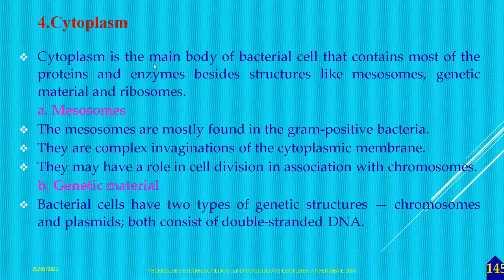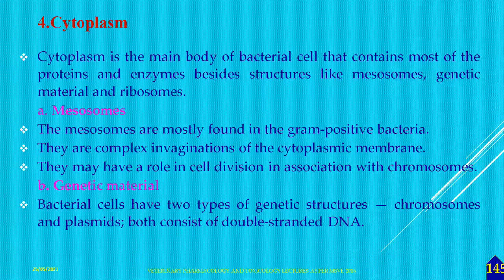The cytoplasm is the main body of the bacterial cell that contains most of the proteins and enzymes. Besides these, the cytoplasm also has the mesosome, genetic material and ribosome. The mesosomes are mostly found in gram-positive bacteria, and they are complex invaginations of the cytoplasmic membrane.